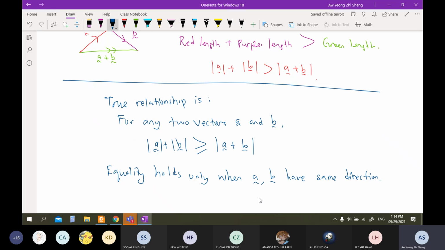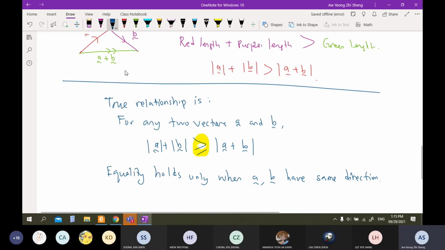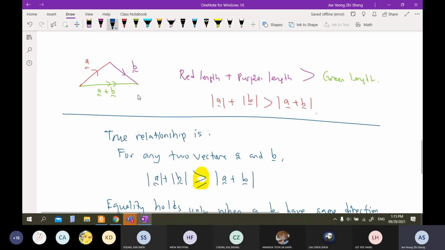If we are not sure about the directions of A and B, then the relationship that is guaranteed to be true is actually more than or equal to. The two separate lengths added up will be longer than the length of the resultant, which you can easily see from the triangle diagram up there. Length of A plus length of B is definitely longer than the green length.